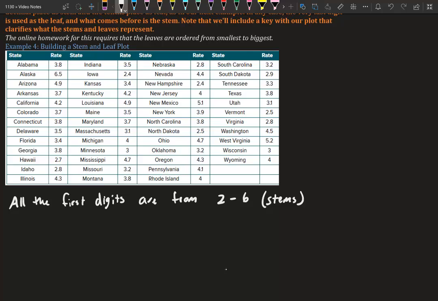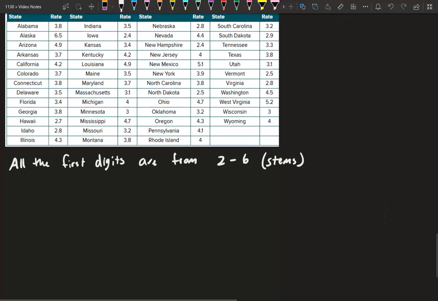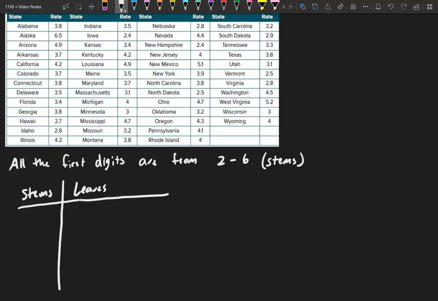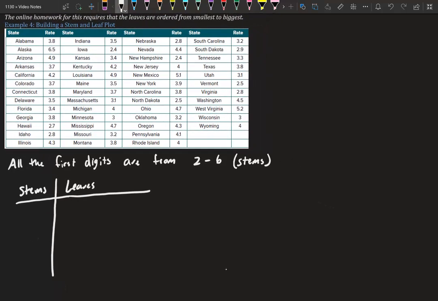All the first digits are from 2 to 6. Those are called our stems. So a stem and leaf plot, we have our stems, and then we have our leaves. Our stems are from 2 to 6. So 2, 3, 4, 5, 6.